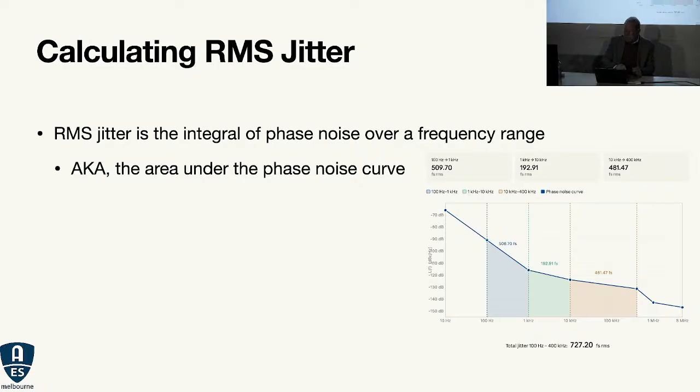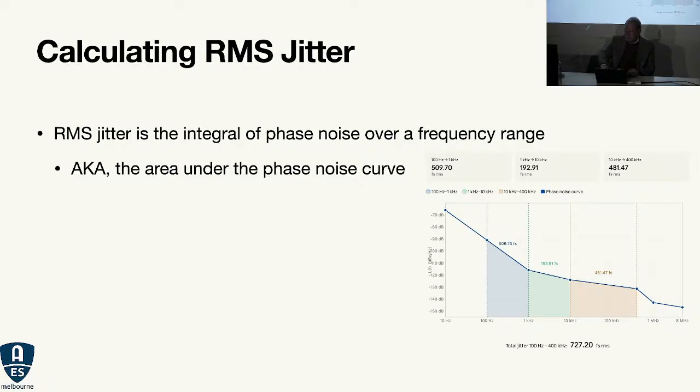It's starting to come down, but that's where, if you look here, most of the jitter is coming from. It then flattens out. So you get another decade's worth, but it's much lower. And we don't go quite a decade out because we're going to cut things off at 400 kilohertz.